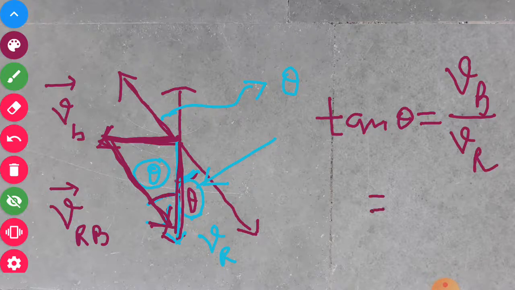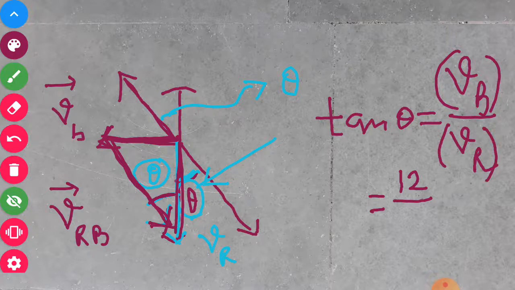These values are given. VB is the velocity of the bicycle, which is 12 meters per second, so it becomes 12. And this is the velocity of rain, which is 35. So 12 upon 35 will get us roughly 0.343.